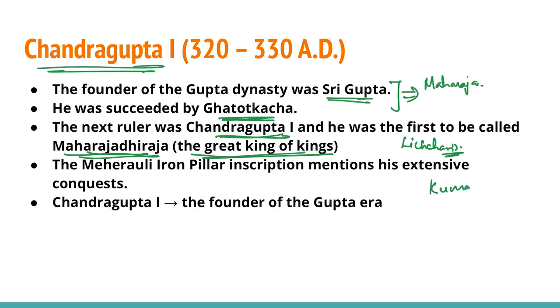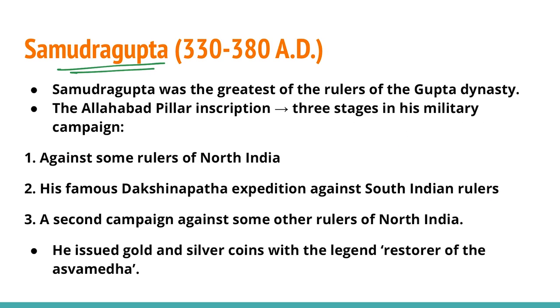He married Kumara Devi, a princess of the Licchavi family, which added to the power and prestige of the Gupta family. The Mehrauli iron pillar inscription mentions his extensive conquests. Chandragupta I is considered to be the founder of the Gupta era, which starts with his accession in 320 AD.